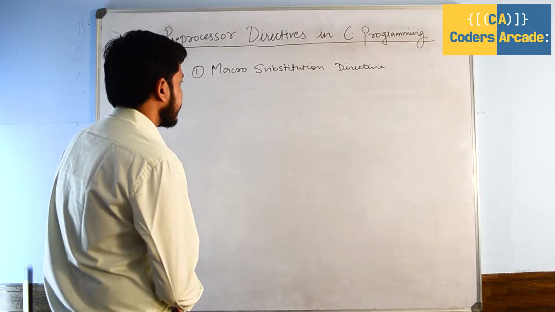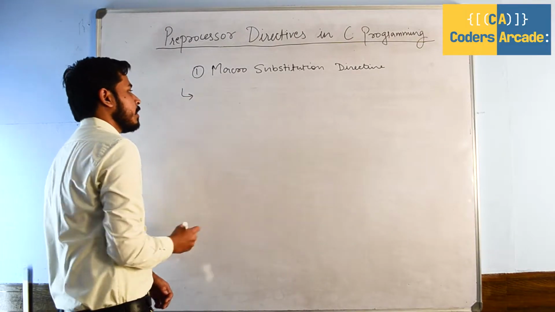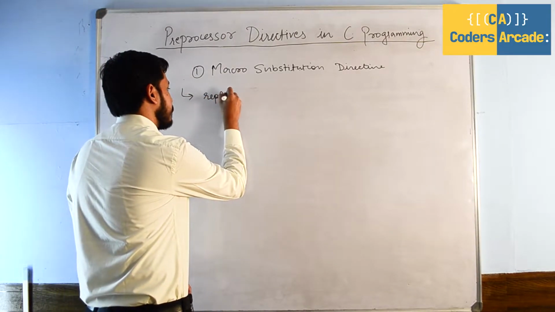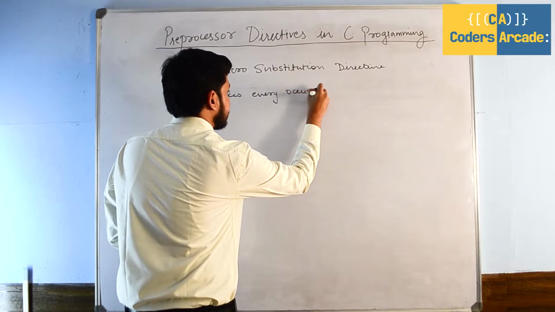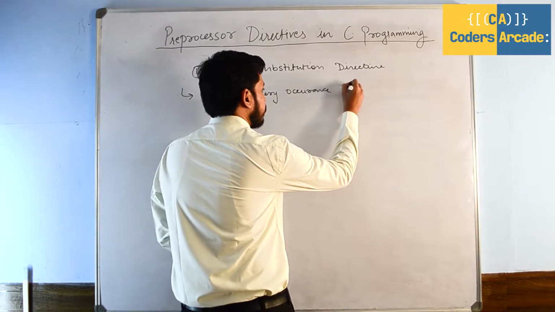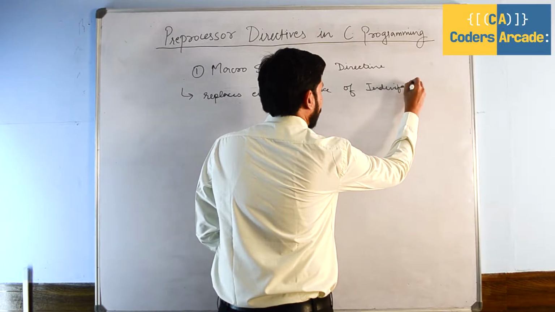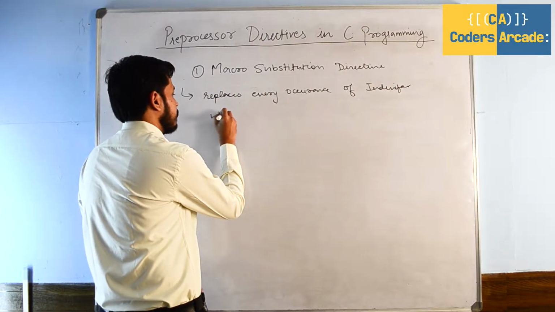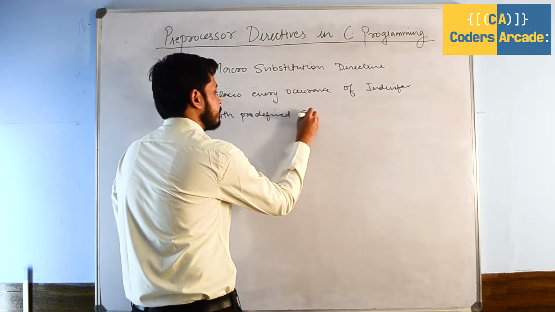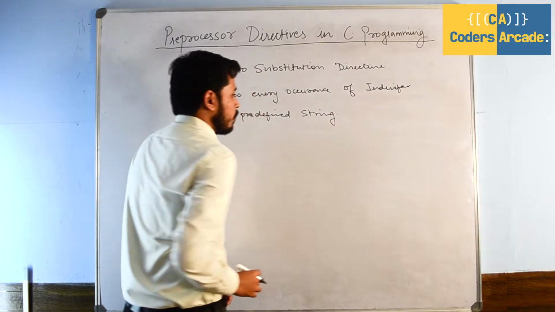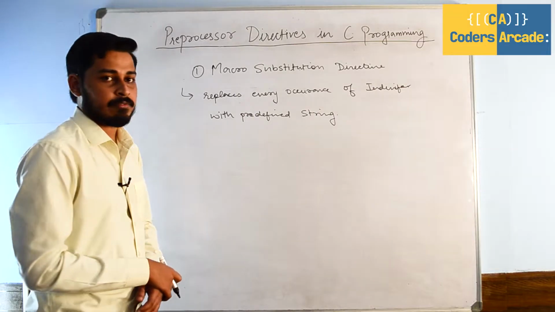So what does this directive do? The macro substitution directive replaces every occurrence of an identifier with a predefined string. What do you mean by replacing every occurrence of an identifier with a predefined string?